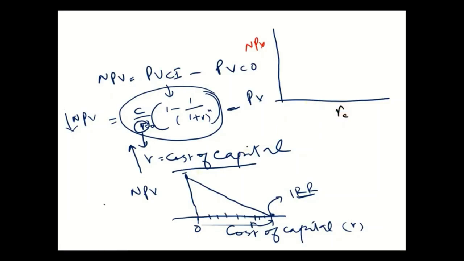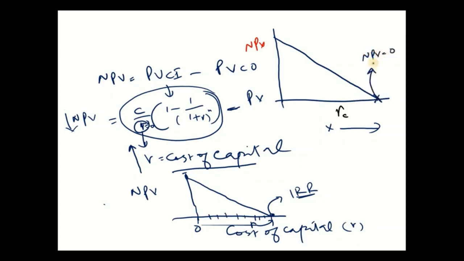With the increase in the cost of capital, NPV will go down, go down, go down. On the x-axis we have RC, so at this point your NPV is 0.